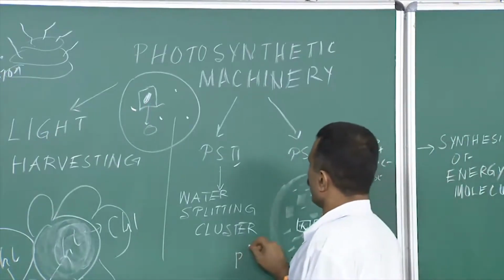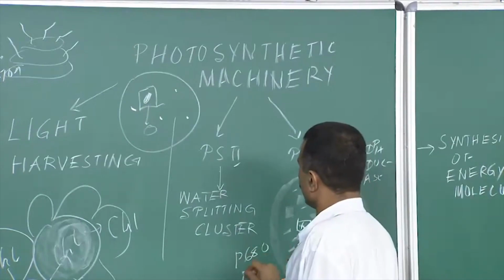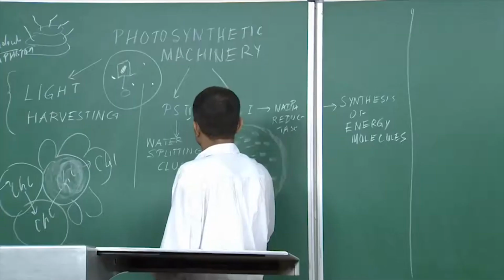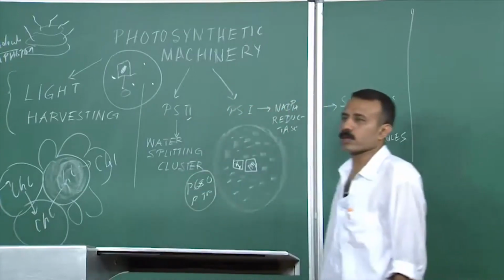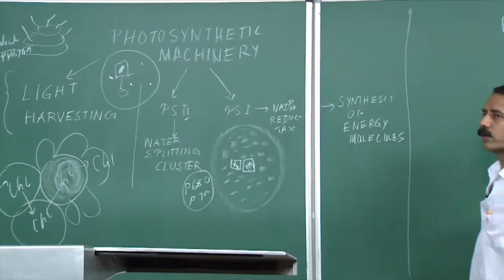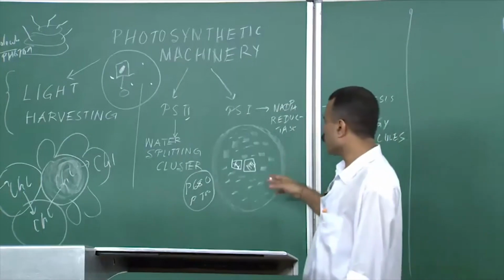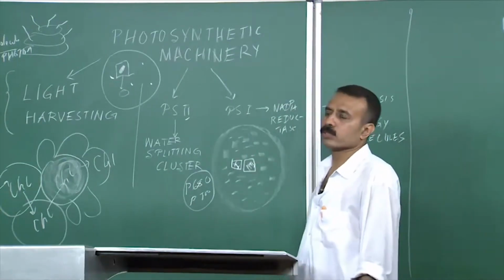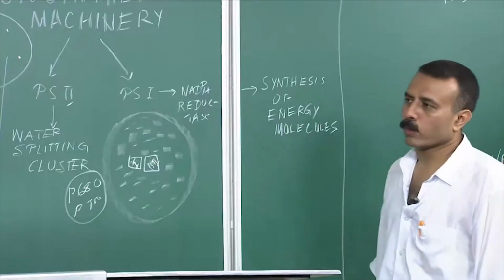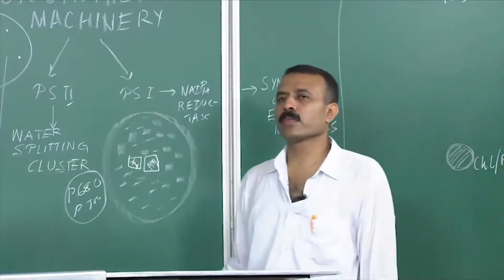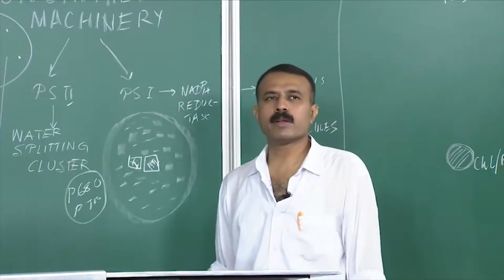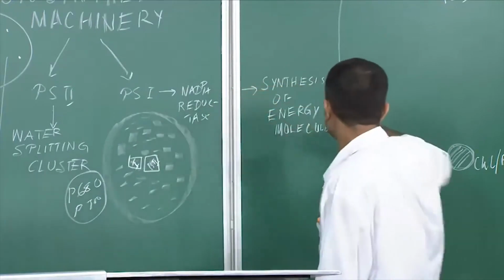One is called P680, another one is called P700. We'll get into all those things. Okay, 680, 700, like this. Do not get worried about the numbers. What is important here is you understand there are two specific reaction centers which are distinct from each other, and they have different kinds of surrounding complexes around them.